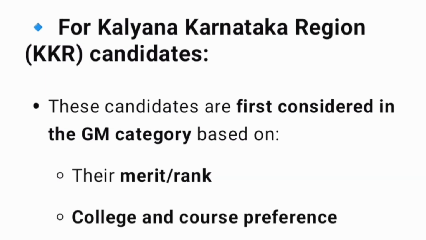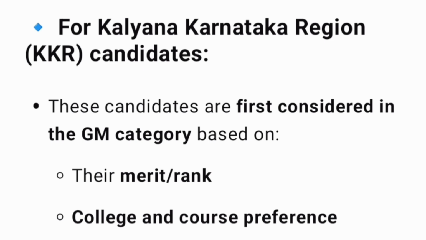Now for KKR students, the rule is separate, right? KKR students can get the GM seats, but GM students cannot get the KKR seats. So I will explain it. All the KKR candidates, or Kalyan Karnataka region candidates, will first be considered for allotment in the GM category seat, based on their merit rank and college course preference.